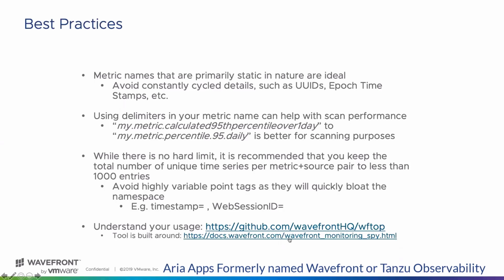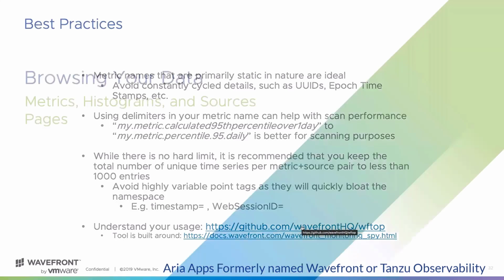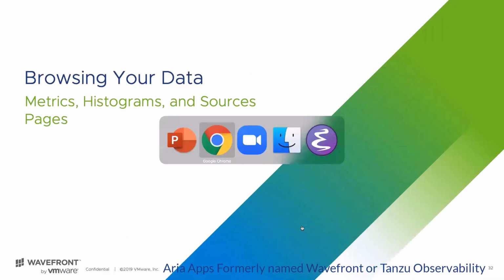It's built around an API in the product that lets you see a live tail log of the data points as they come into the system. This tool sits on top of that API and lets you look at some stats about the live data as it's flowing in. Can be pretty helpful.